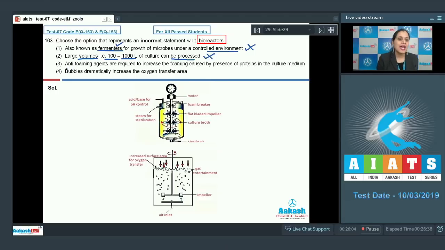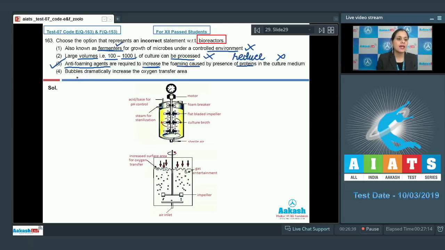The next statement is anti-foaming agents are required to increase the foaming caused by presence of proteins in the culture medium. As it is an incorrect statement, this is the correct answer to our question, because anti-foaming agents are required to reduce the foaming caused by presence of proteins in culture medium and not to increase the foaming.